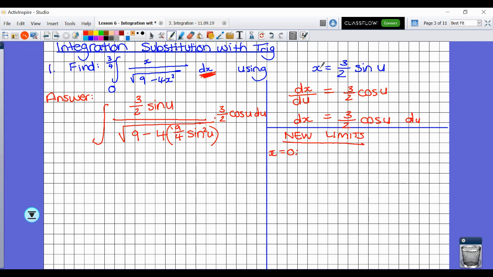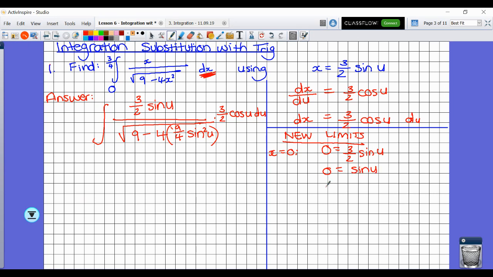So all we're doing is we're changing the x for a 0 here. 0 equals 3/2 sine u. And then just rearrange the formula to get u by itself. So the first thing I'm going to do is to divide by this fraction. Okay, so you could do a method line if you want and write down divide by 3/2. So 0 divided by that just gives you 0.